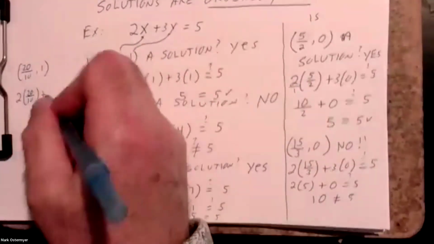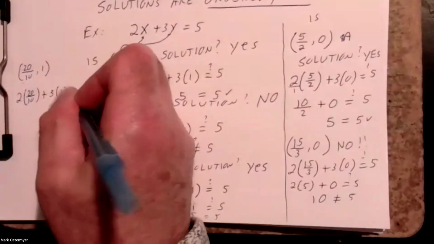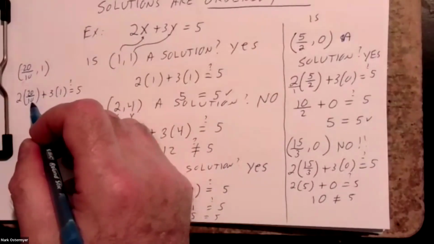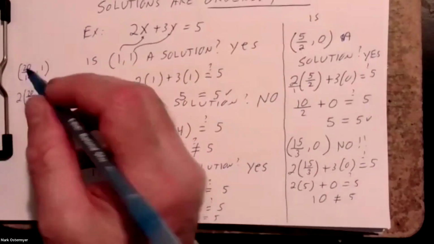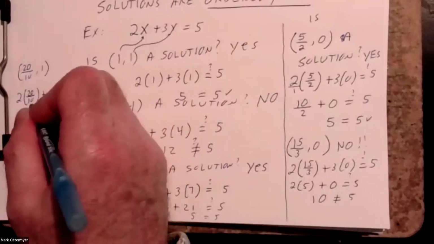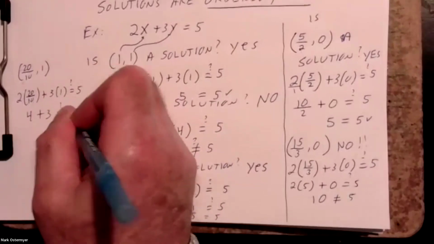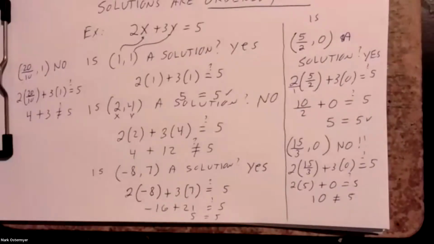Replace y with 1. And let's see if this works. 20 divided by 10 is 2. And 2 times 2 is what? 4. 4 plus 3, does that equal 5? No, it doesn't. Almost, but it just didn't work, but at least we tried.